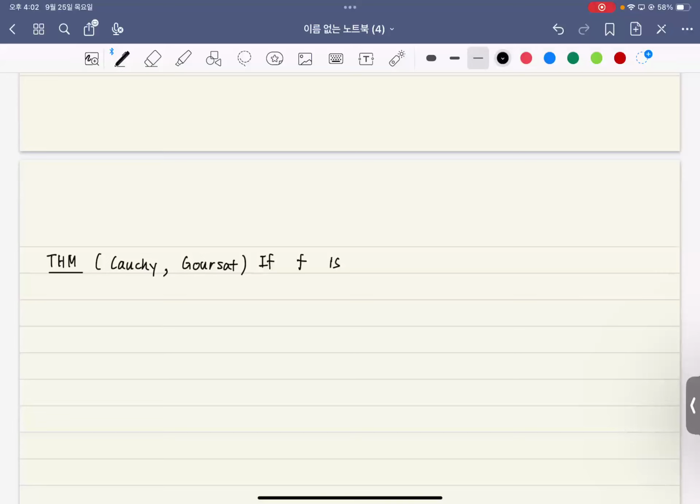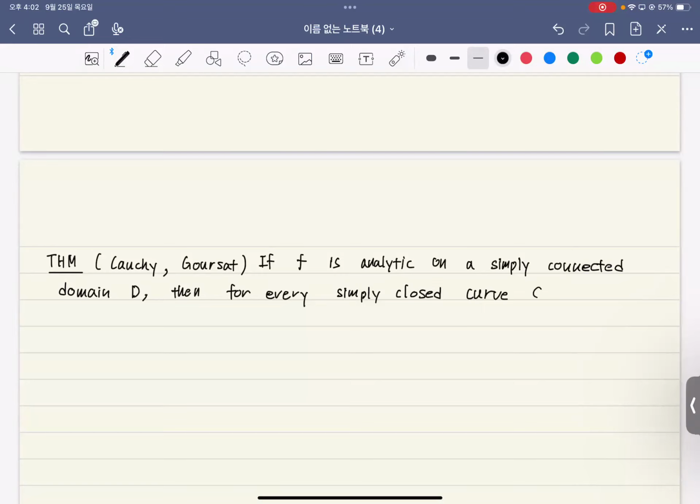If f is analytic on a simply connected domain D, then for every simple closed curve C in D, the integral is zero.